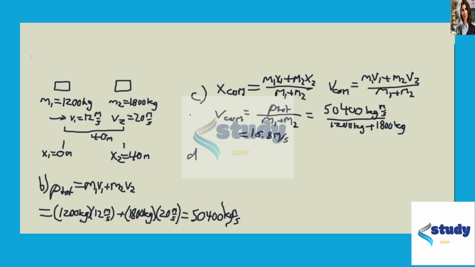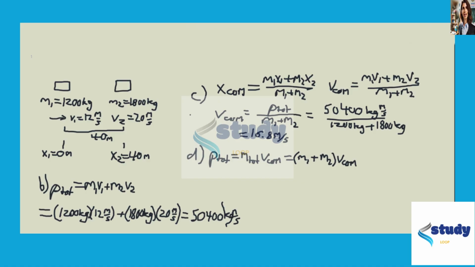Finally, in part D, we're asked to find the total momentum using the velocity of the center of mass. And the formula for this is p tot is equal to m tot, for the total mass, times V_COM, for the velocity of the center of mass. Expanding out the total mass, it's m1 plus m2, and then V_COM.